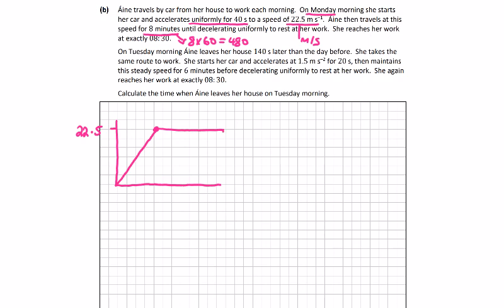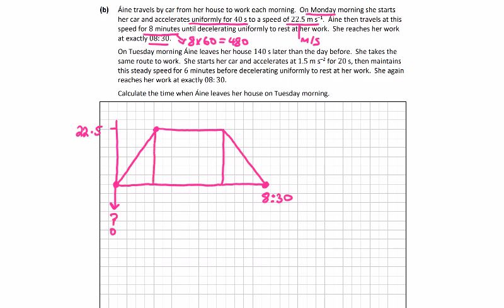So she travels along at a consistent speed until decelerating uniformly till she reaches work. And we're told that she does that at 8:30. We're not given what time she leaves.